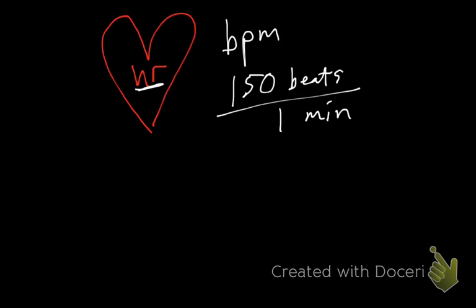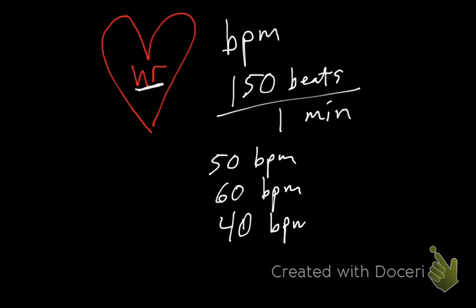But typically when you're just sitting here watching this video, you might be around 50 beats per minute or 60, depending on how in shape you are. So let's say you wanted to calculate your heart rate right now. You want to know how in shape you are. By the way, if you're in the 40 range, that means you probably exercise a lot.